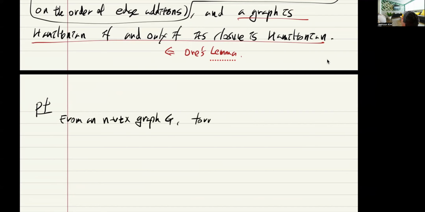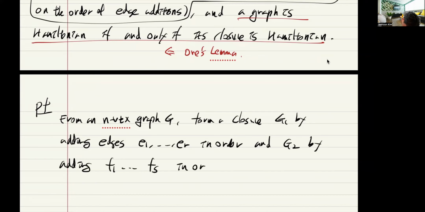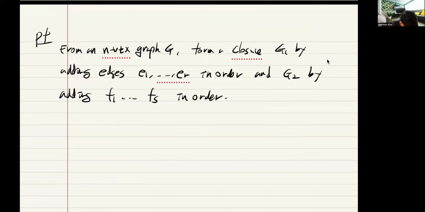G will form a closure G1 by adding edges E1 to Er in this order, and G2 by adding in another order, F1 to Fs in this order. Assume these two different ways of adding, and then you end up with graph G1 and graph G2. We want to show that both of them are the same.